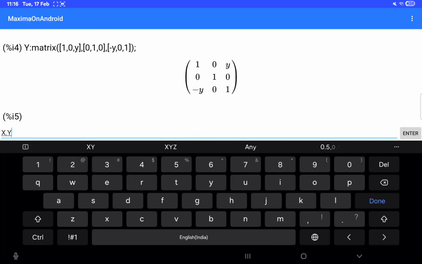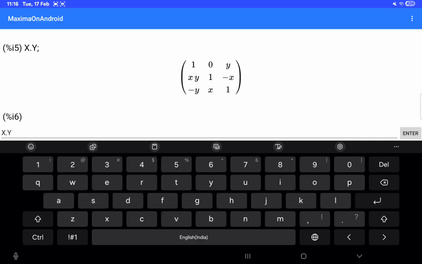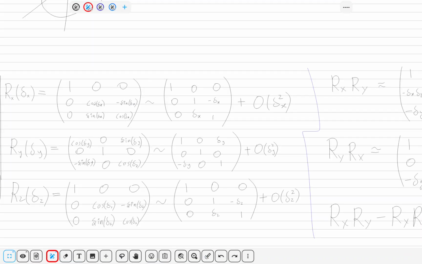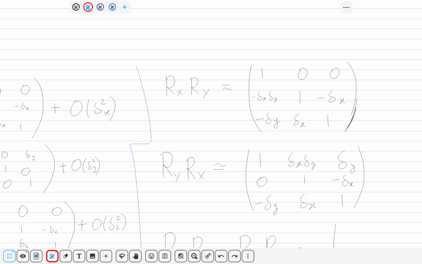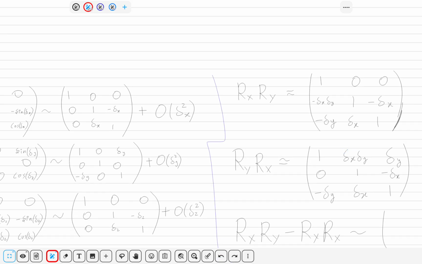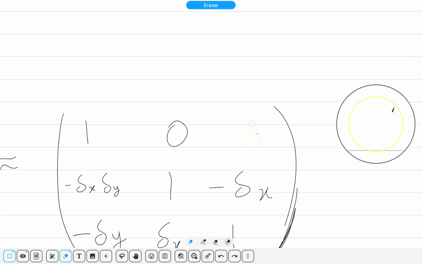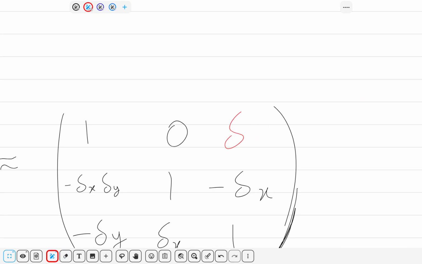So when I do x first and y later, and y first and x later, I will get something like this. Okay, I had apparently made a mistake. There was not supposed to be two zeros here. I don't know what wrong I did. Okay, there will be a delta y here. That was a mistake.